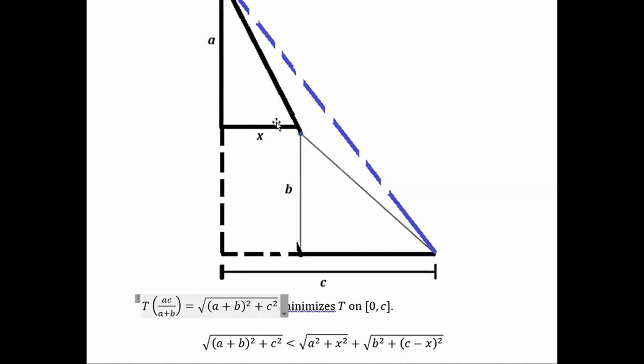If a and b are equal, this line segment would continue on here, giving you the value of the critical point, and then the total length would be 2 times the square root of a squared plus c over 2 squared, if I remember correctly. But in any case, busted.